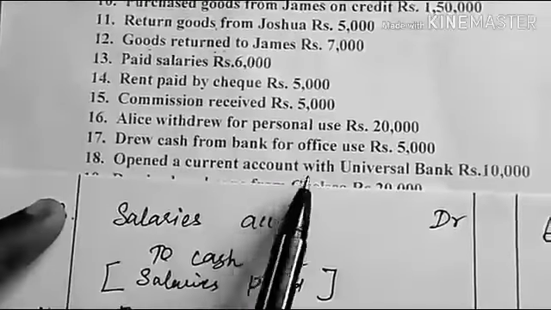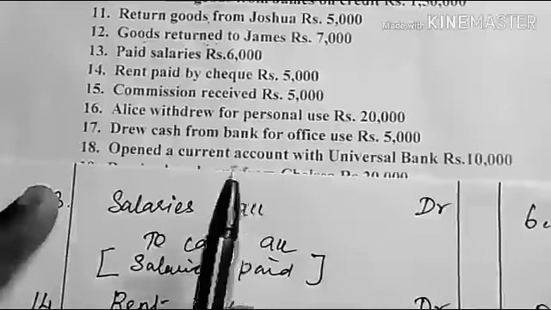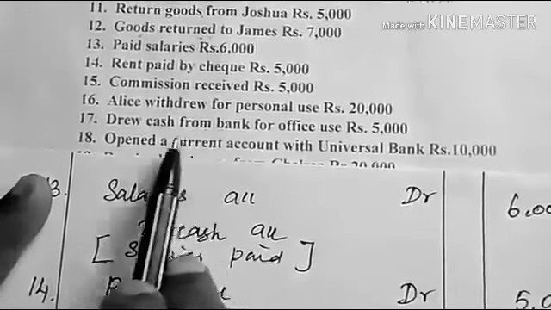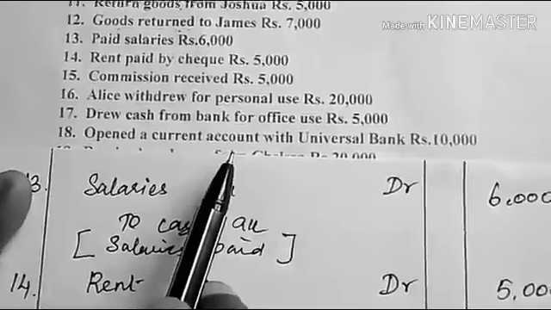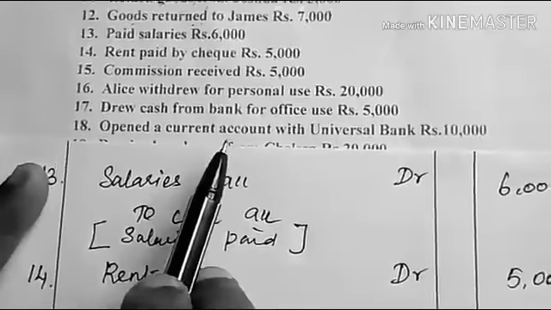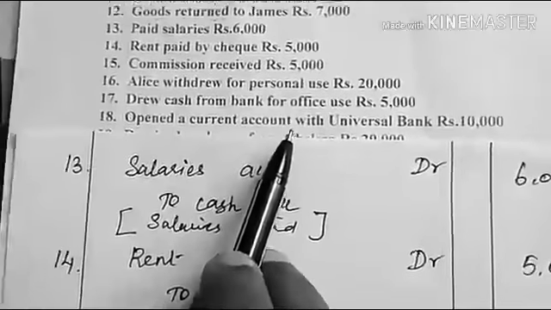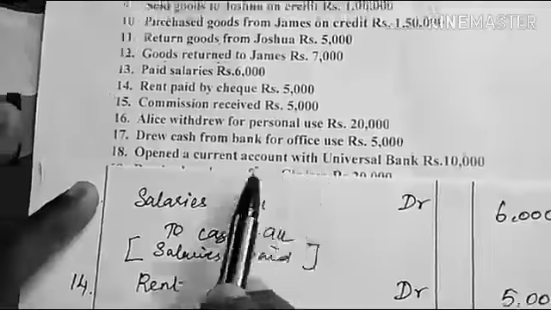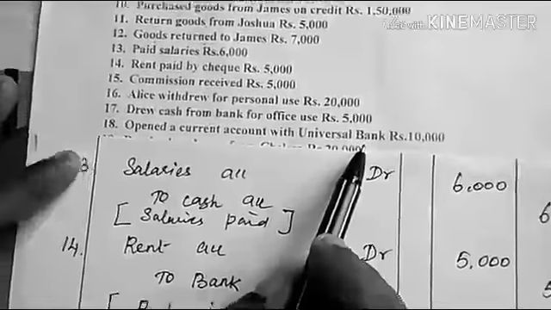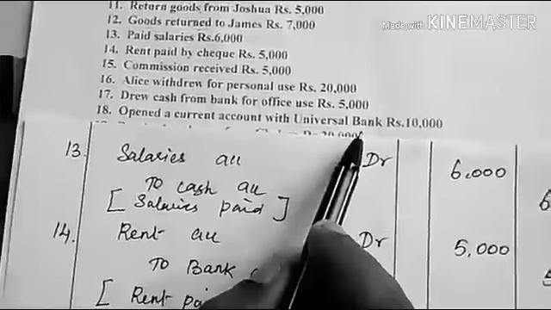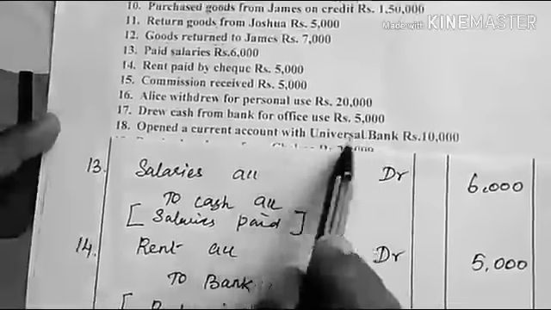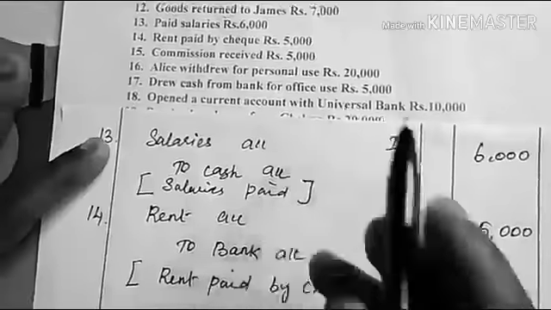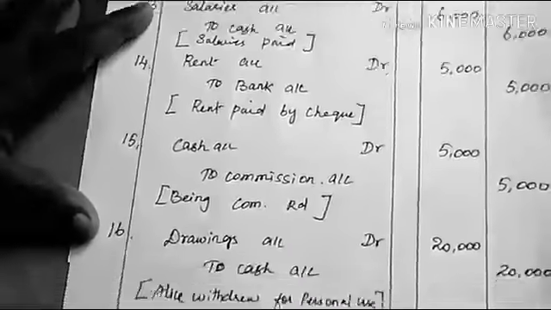Opened a current account with Universal Bank. See, current account is generally applicable to any business. A business can open only a current account for day-to-day transactions. So open a current account with the Universal Bank. When you open an account, what goes out? Cash goes out. Who is the receiver? Universal Bank will receive the amount from you, no? So debit the receiver. What is the entry for this transaction?